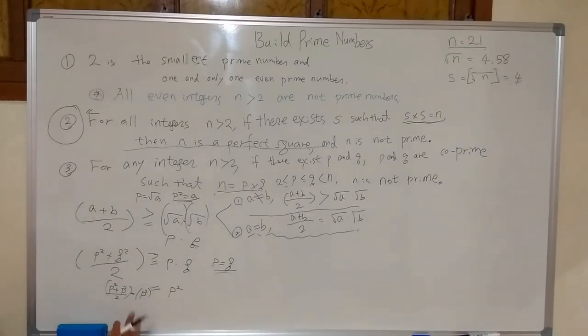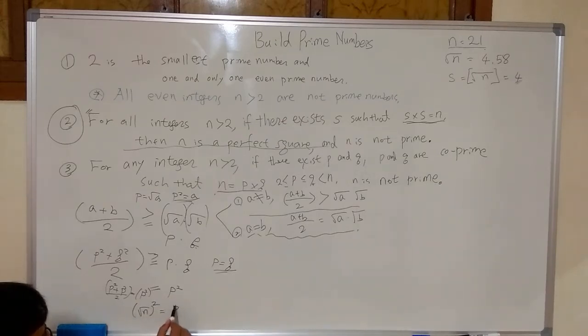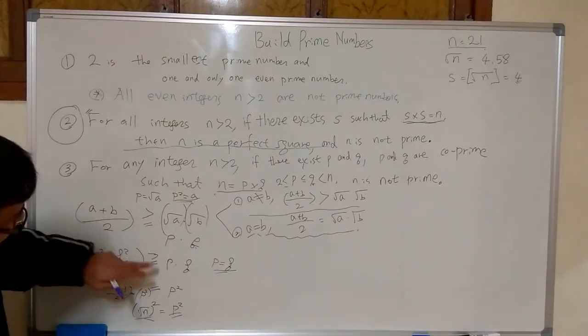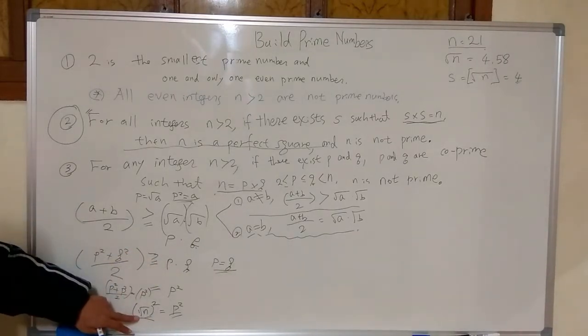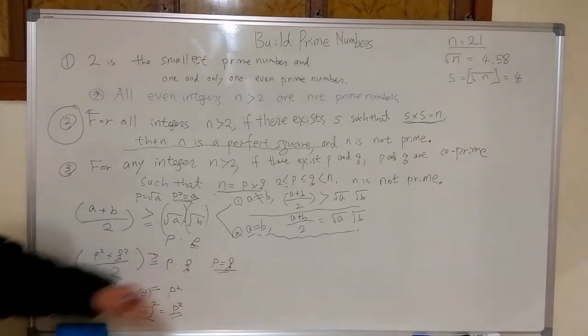So it actually means root n square equals P square. This means this is the maximum of P times Q, when P and Q are equal.